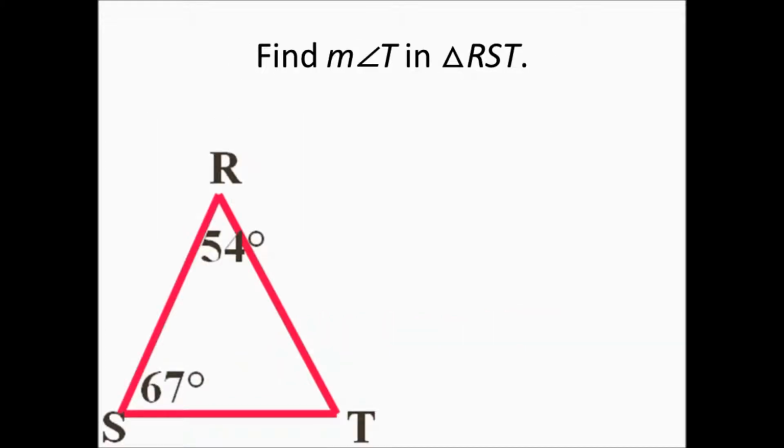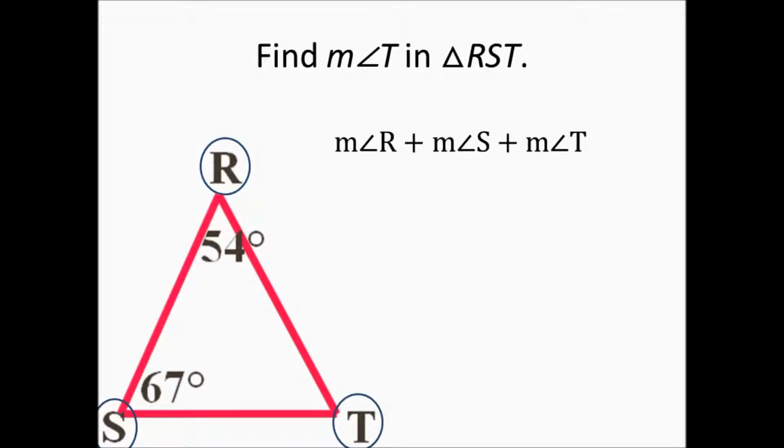Here's an example of the triangle sum theorem. We're asked to find the measure of angle T in triangle RST. We know that the sum of a triangle is equal to 180 due to the triangle sum theorem. So the measure of angle R plus the measure of angle S plus the measure of angle T is equal to 180.